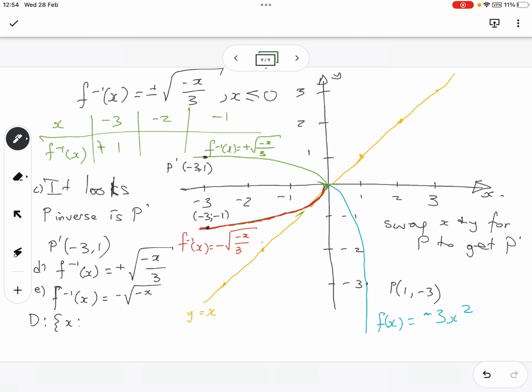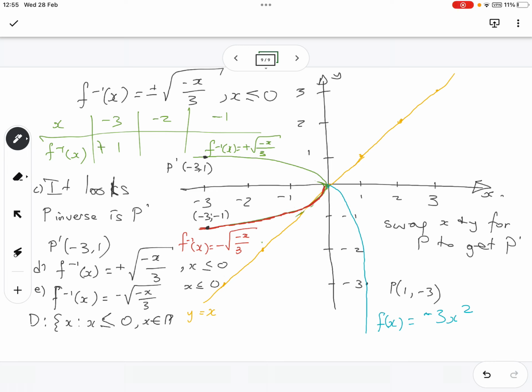I guess we can do for both, but let's start with the positive. For the positive, x is less than or equal to 0, and x is an element of real numbers. X is an element of real numbers, and x is less than or equal to 0.